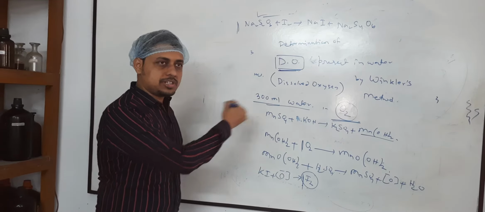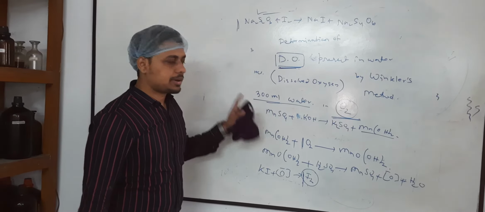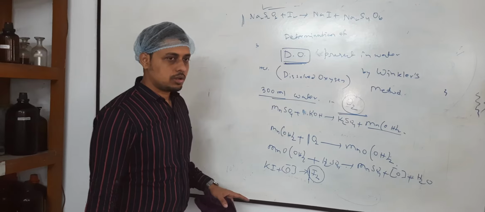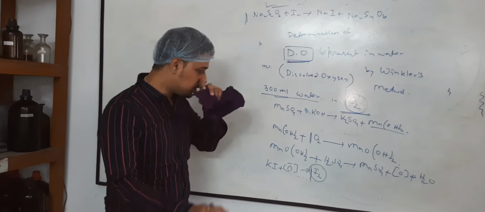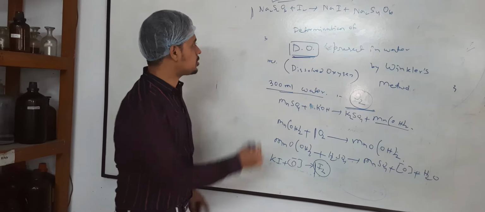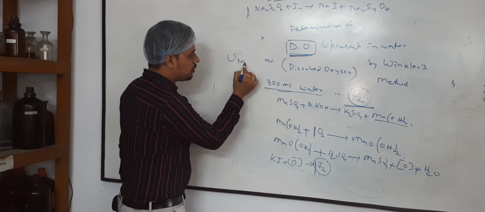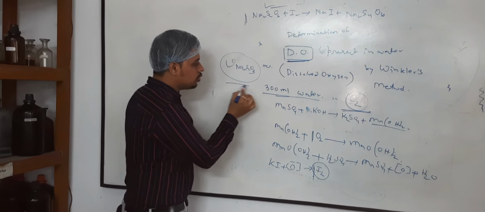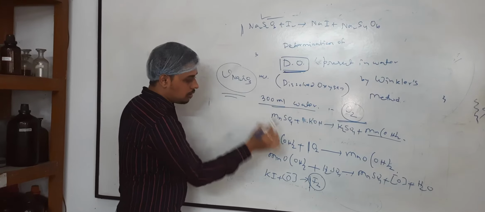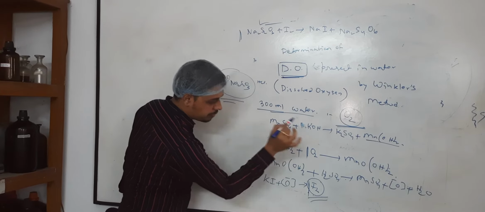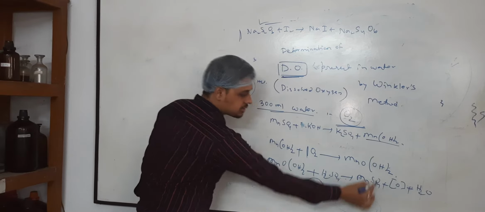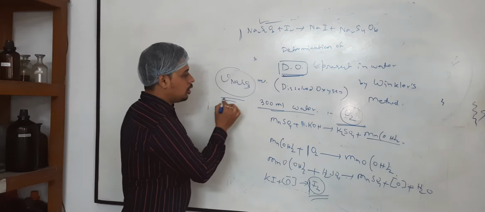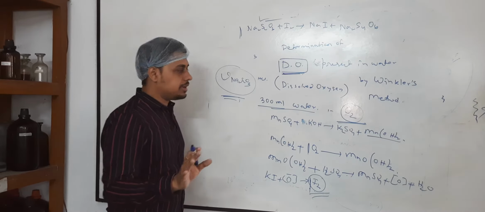After completion of the titration process, we have a volume reading of sodium thiosulfate. That volume reading is responsible for the absorption of the iodine produced by this reaction. Okay, so let us do the experiment initially.